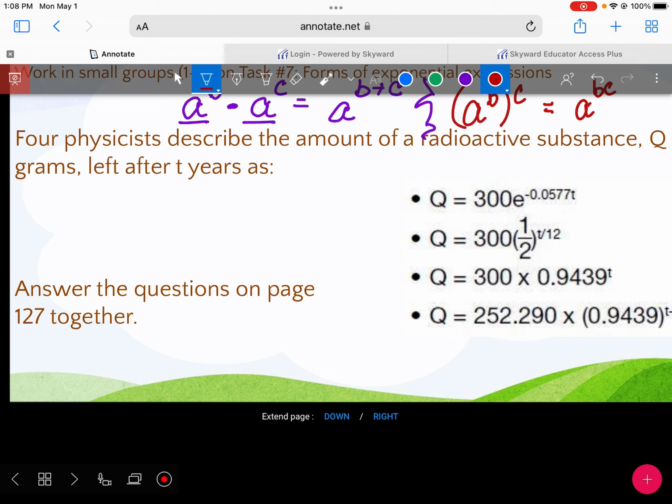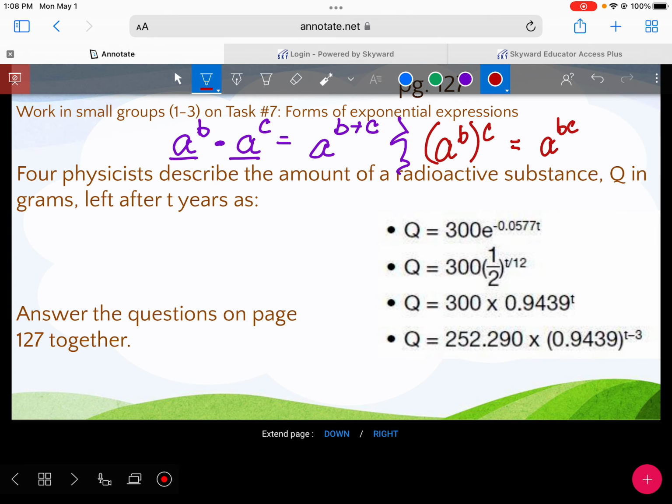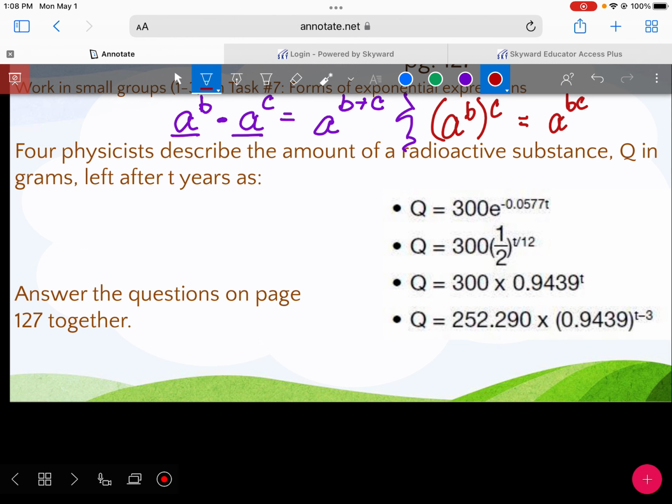All right. So since these equations, they're all equivalent, we are going to use mostly those 2 exponent rules to try to find that they are equivalent. Anybody have any suggestions or what worked? Set them all equal to each other.